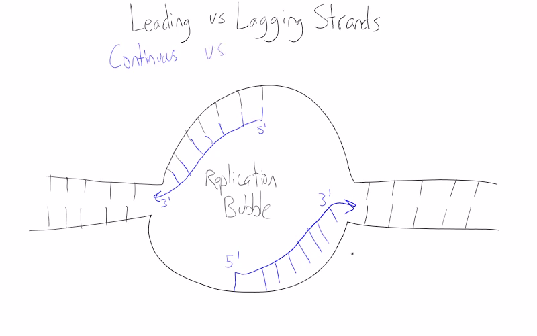So with your lagging strand, the way those work is, again, DNA synthesis can only be made in its own 5' to 3' direction. So the lagging strands can only work as fast as the DNA helicase is working as well.